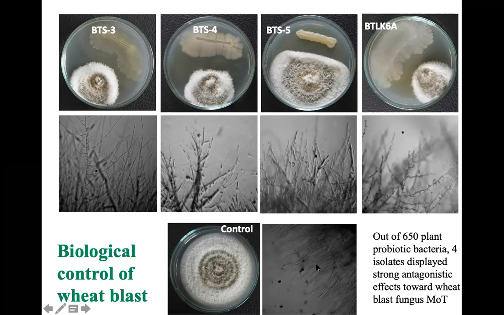Here you see linear, tubular growth of the mycelia in normal cases. So this is a very fantastic subject for further fundamental research, how the mechanism of action works, as well as to test them in the field, whether they can really control the wheat blast or not.